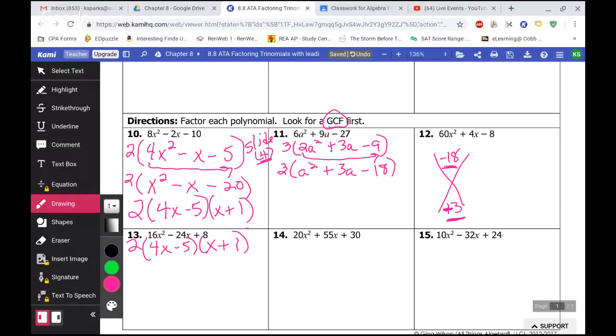So what are the two factors that multiply to give me 18 that when I subtract them, give me 3? Two factors that multiply to give me a negative 18 that when I combine them, give me a positive 3.